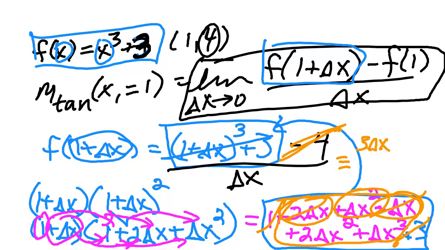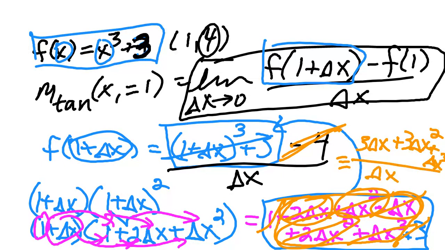And then I've got plus delta x squared and plus 2 delta x squared is plus 3 delta x squared. So those are gone. And then I've got plus delta x cubed, right? And that's that one. And then that's all over delta x. Well, then I could pull a delta x out of the top.